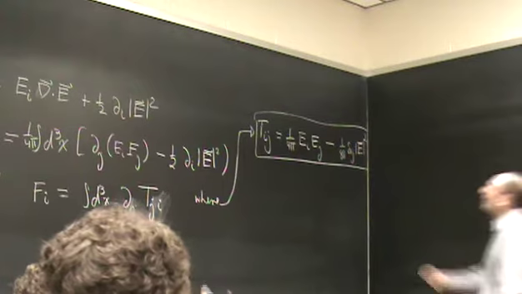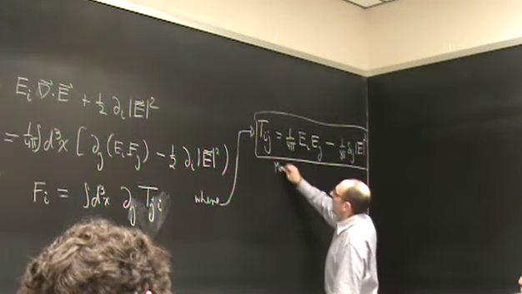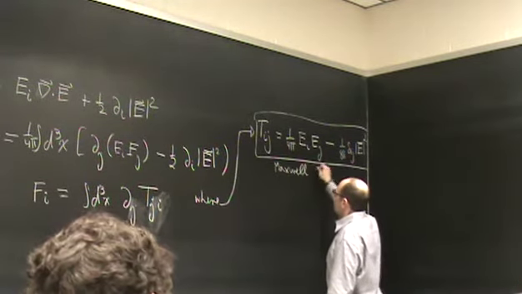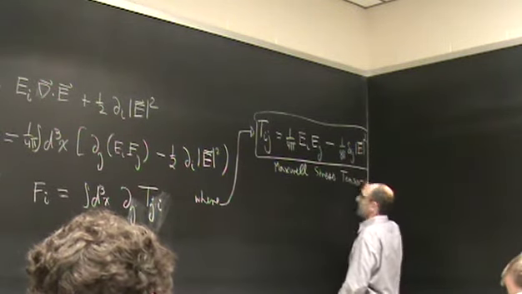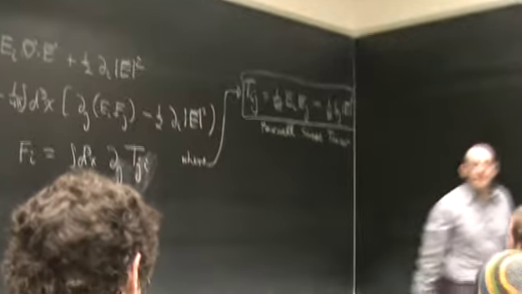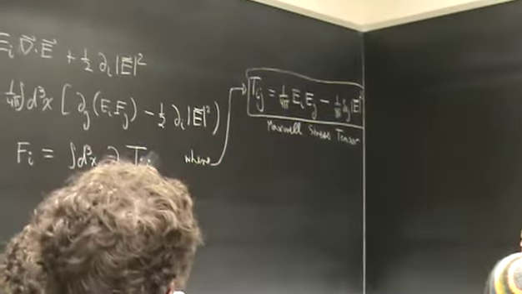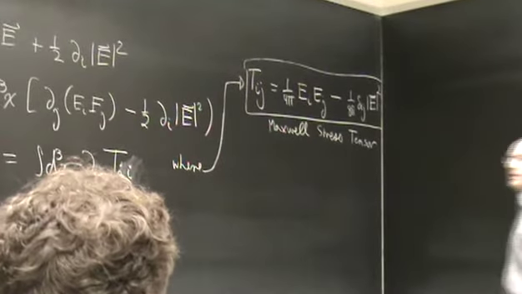This object is known as the Maxwell stress tensor. An object you may have heard of in the past. We'll explain what that term means in a moment.